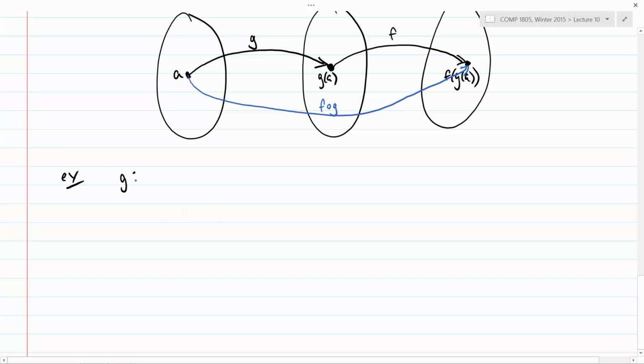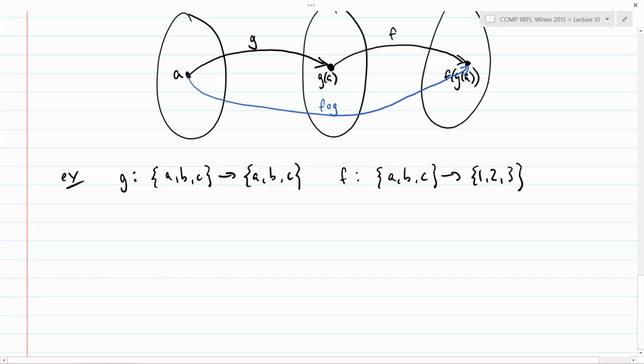So let's say we have a function g that goes from a, b, c to a, b, c, and f which goes from a, b, c to 1, 2, 3. Okay? So it's defined in the following way.